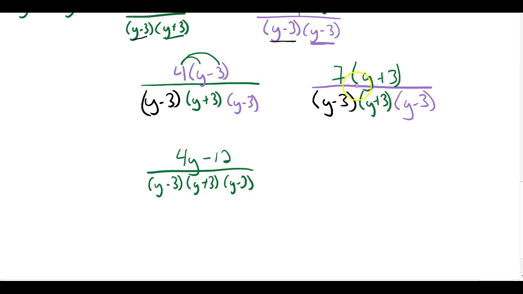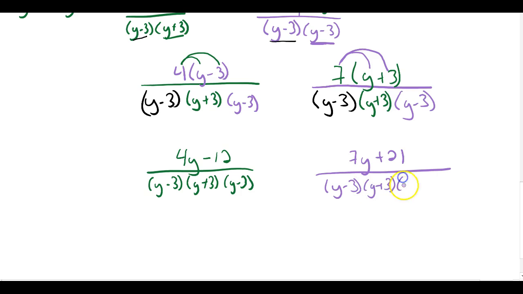Now on the second one, 7 times y gives me 7y. 7 times 3 gives me a positive 21. And I have the same denominator, y minus 3, y plus 3, y minus 3. So now we actually have common denominators, and we could add or subtract as need be.